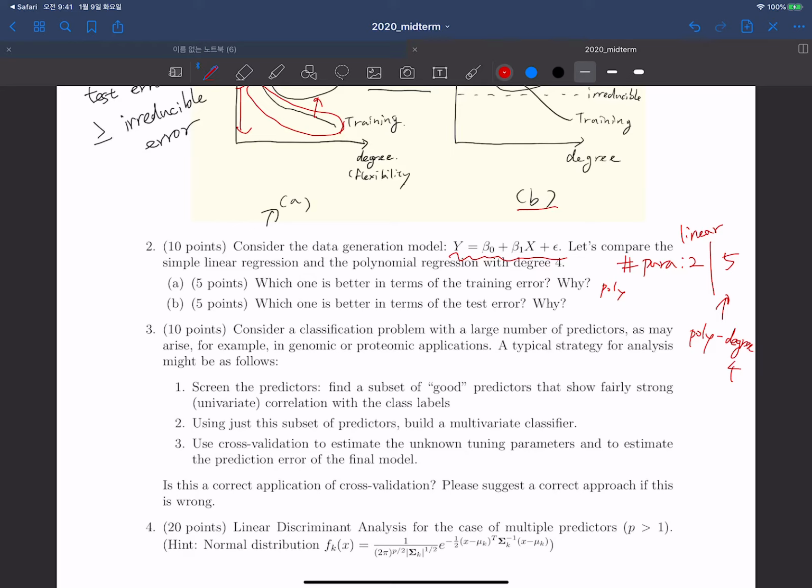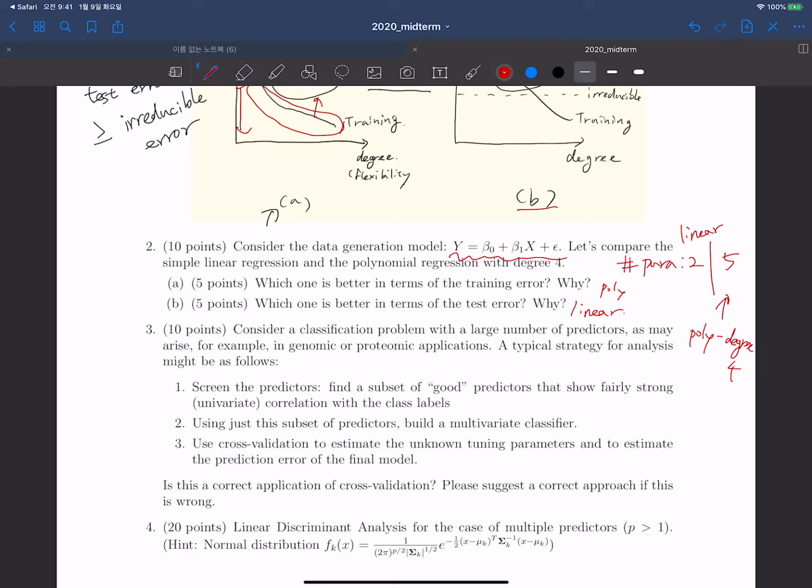It just overfits your training data. So in terms of test error, it is very highly likely your test error with polynomial regression will be much bigger than the test error with simple linear regression. So simple linear regression is the better one.